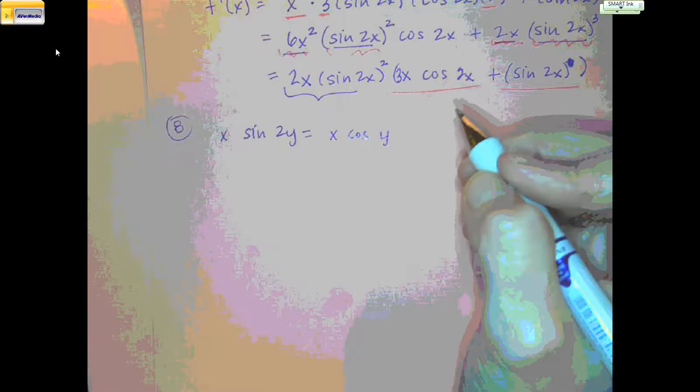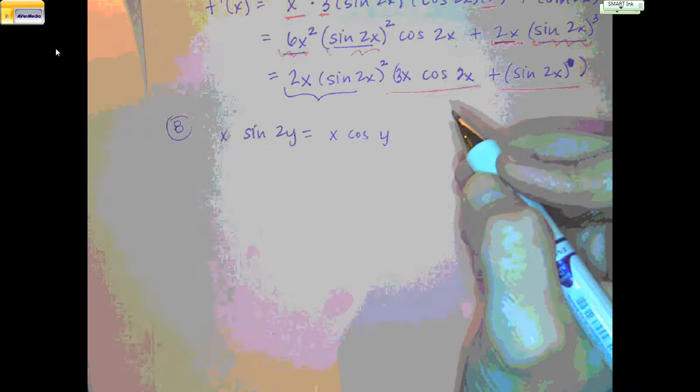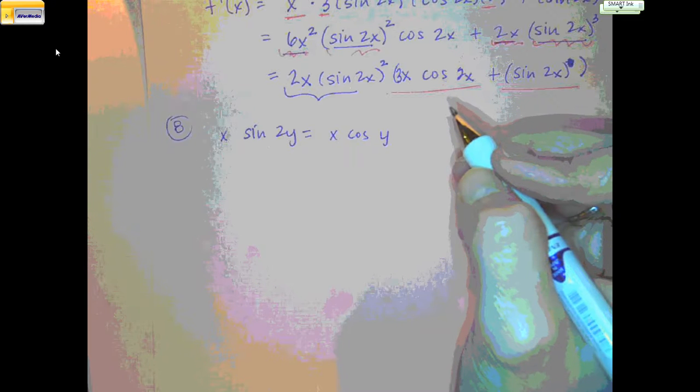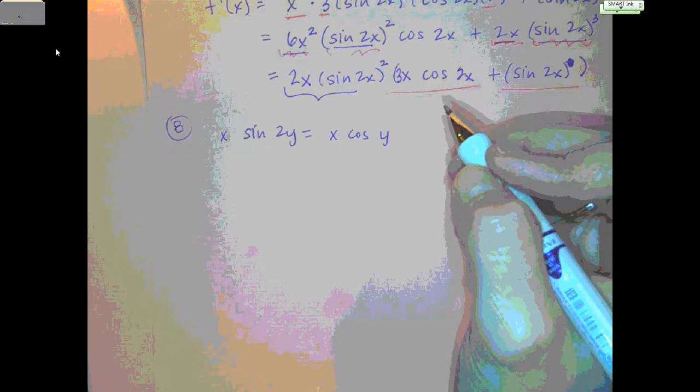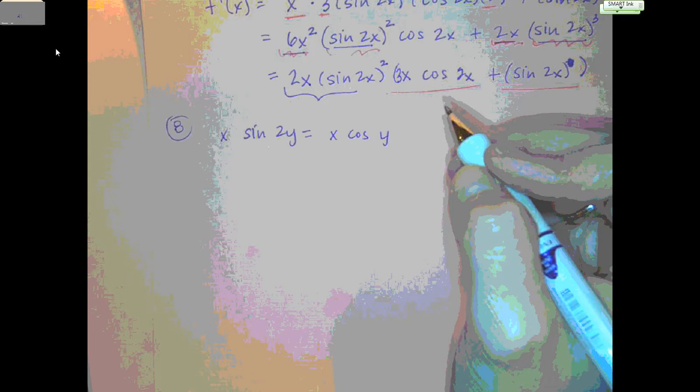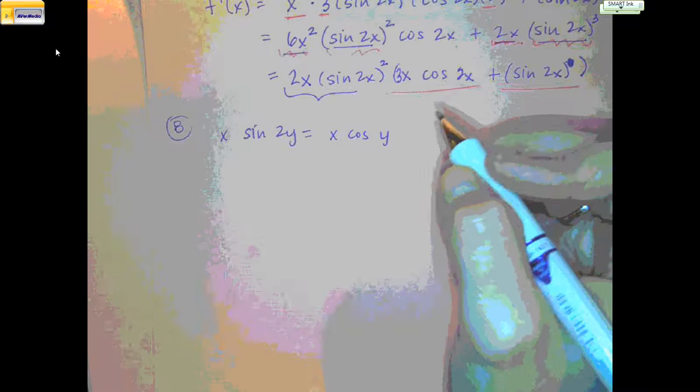When it says implicit differentiation, they're saying basically that you're going to try to get that y prime piece by itself, is usually what it's talking about. It says find dy with respect to x, so the derivative of y with respect to x.